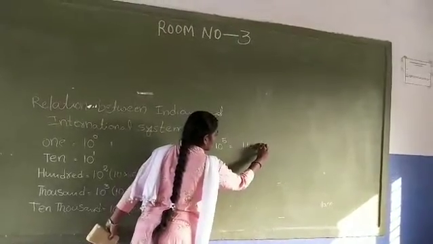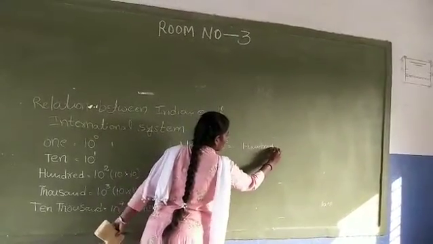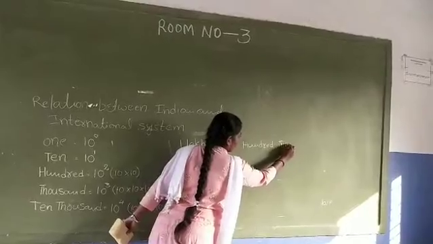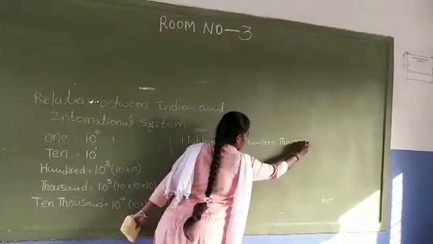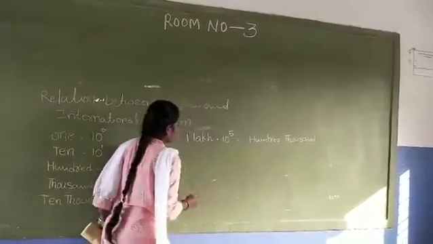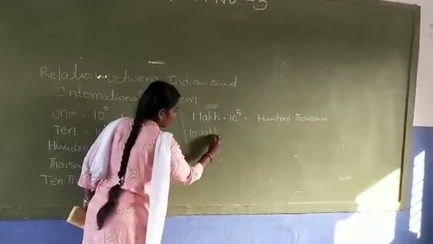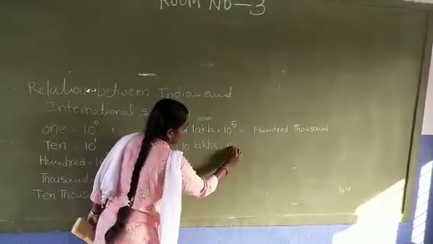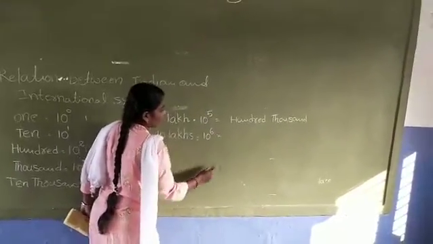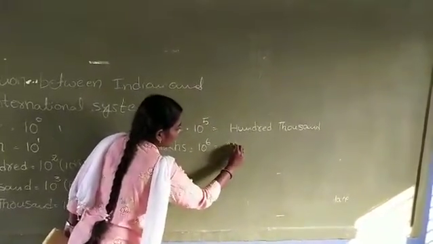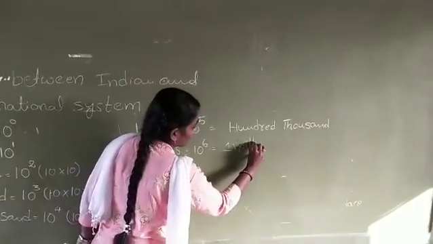In the international system, 100,000. 10 lakhs is 10 power of 6. In the international system, 1 million.